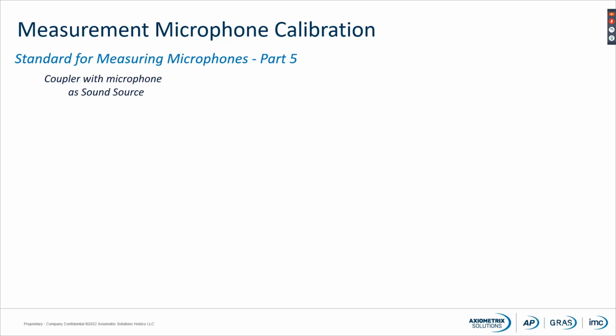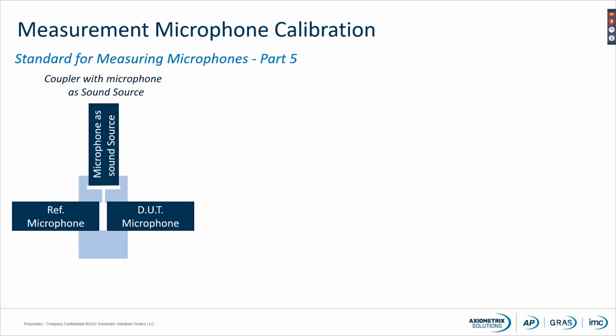Coupler with microphone and sound source: we can make the setup where we are using a microphone as a sound source, and then we have our reference microphone and the microphone under calibration or under test close to each other. So in this case, they will see exactly the same sound pressure level.